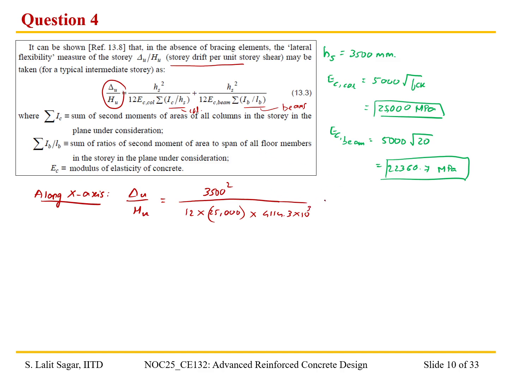That is the first term. Now the second term is 3500 square divided by 12 into 22360.7, into the cumulative stiffness of the beam along the x direction, that is 9000 into 10 to the power 3. I'm just going to leave it at this point and write the answer later on.